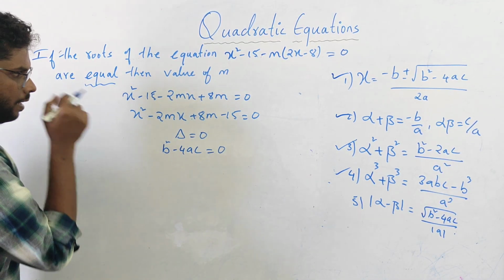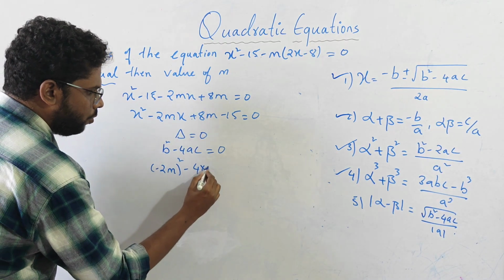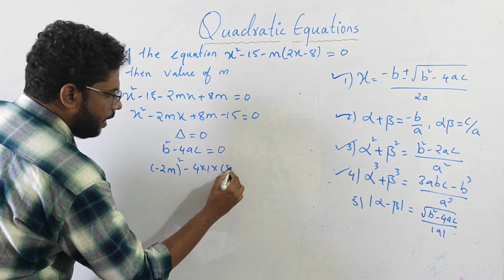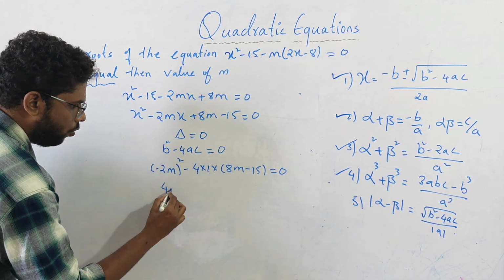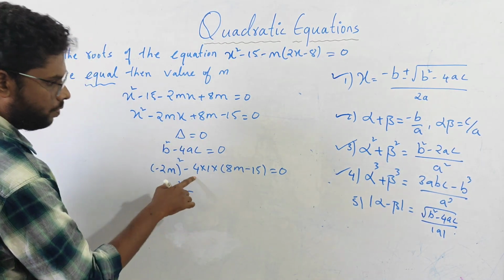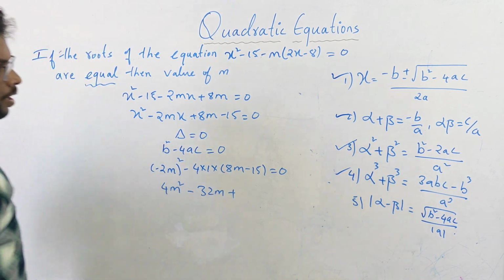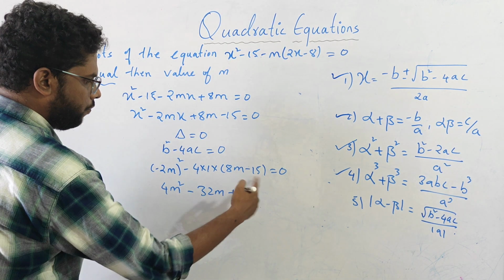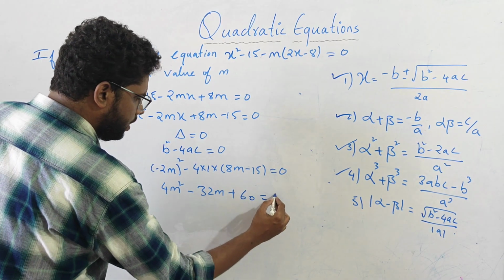What is b? b is minus 2m, square, minus 4 into a, which is 1, into c, which is 8m minus 15, equal to 0. I get 4m square minus 4 eights are 32m, minus into minus, plus 4 fives are 20, 4 fifteens are 60, which is equal to 0.